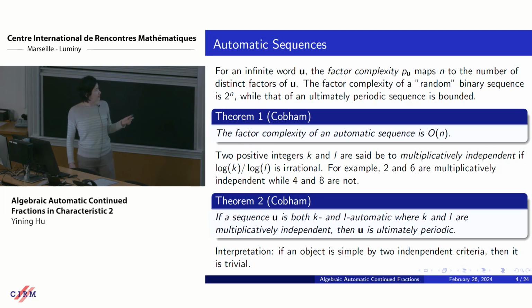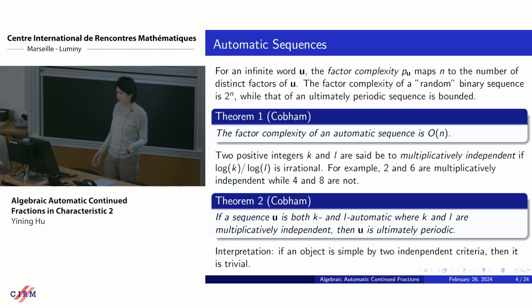So the interpretation of this theorem is that if an object is simple by 2 independent criteria, then it is trivial. So here, multiplicatively independent means that these 2 integers are not the powers of the same integer. For example, 2 and 6 are multiplicatively independent.